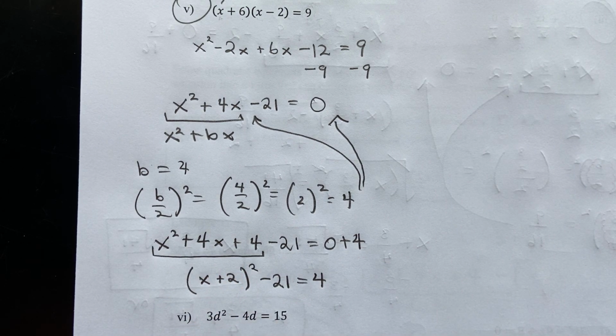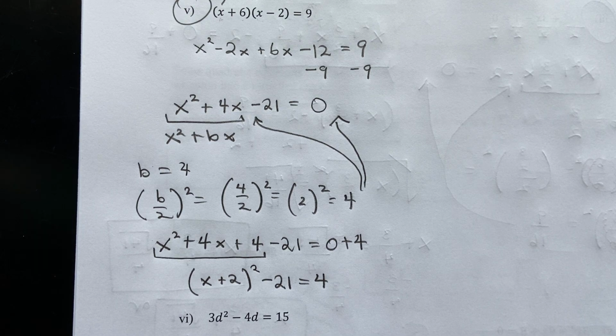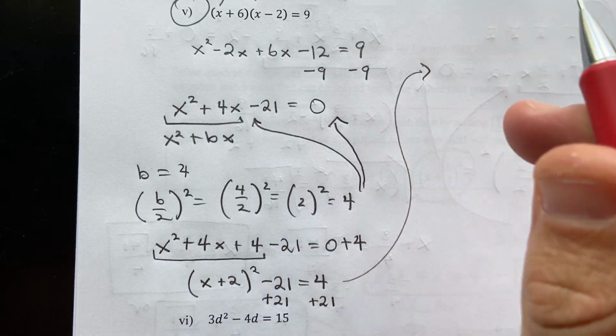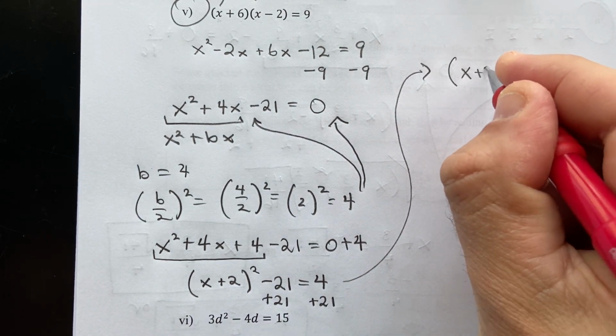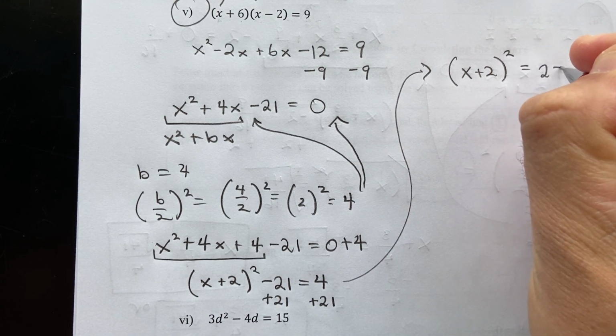Isolate x plus 2 all squared, right? We want to isolate the thing that's being squared so that we can apply a square root. So add 21. So x plus 2 squared equals 25.